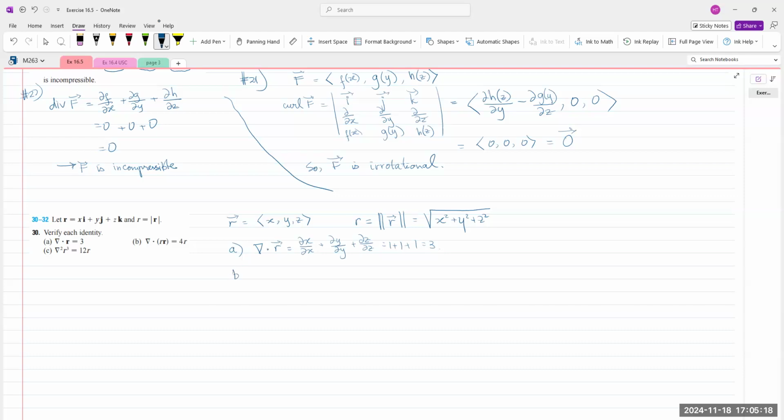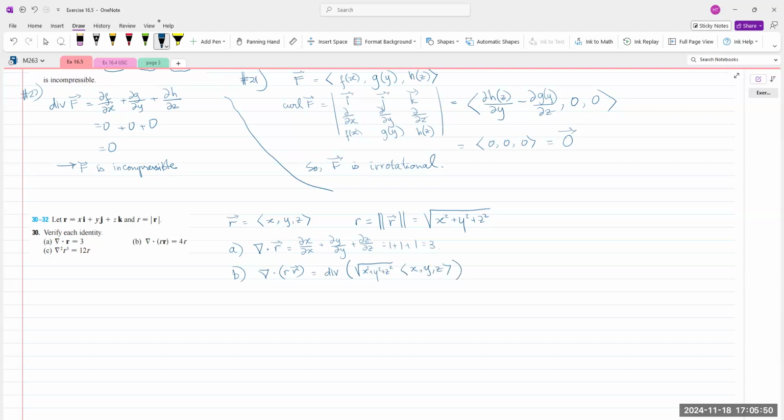Part B, how about the divergence of r times vector r? This is a bit challenging. This is basically the divergence of the square root of x² plus y² plus z² times the vector (x, y, z), right?